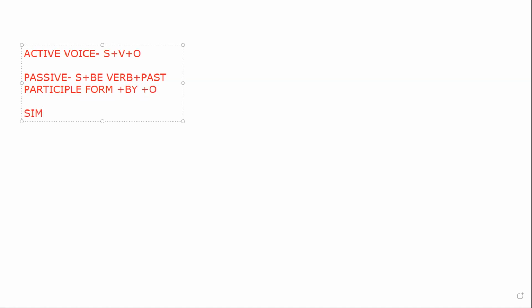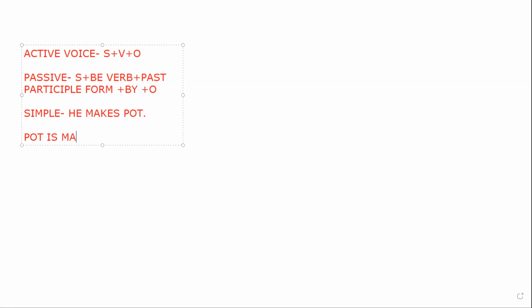So in simple present tense, suppose he makes pot. Simple present tense. So pot is the object. So pot will come at the beginning. As it is singular, is will come.